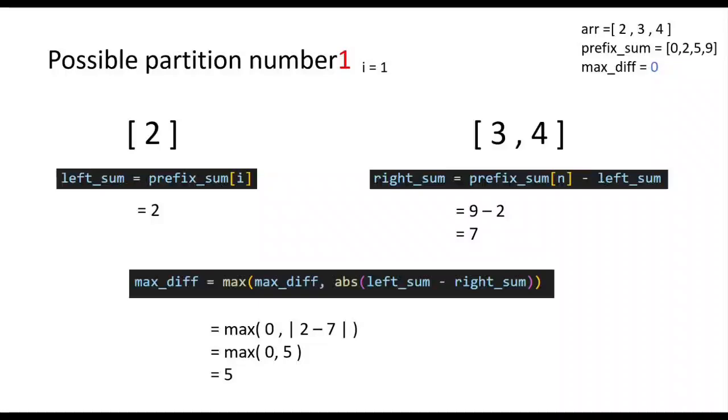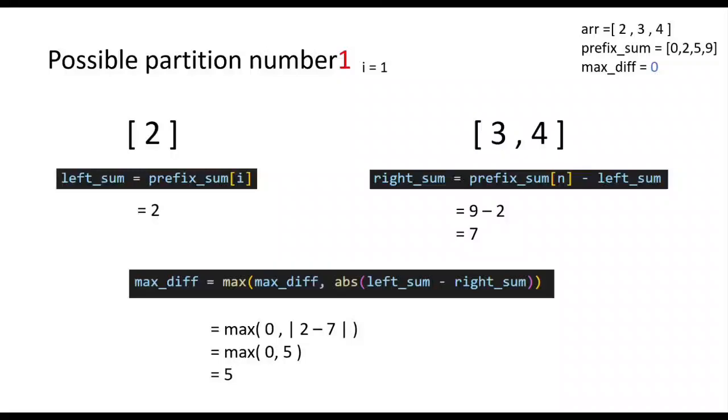Now let's see all the possible partitions. So partition number 1, that is i is 1. I have given the array, prefix sum and max difference at the right top corner. Now the two subarrays are 2 and 3, 4.